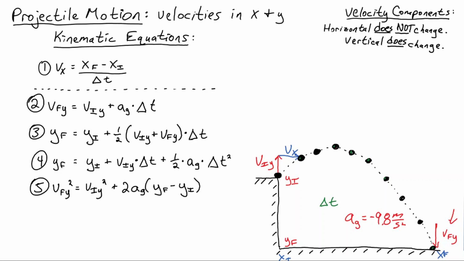What if we want to find out what the maximum height of the ball is? Well, we could simply say that the final velocity in the y direction is equal to 0 to find the maximum height. And hopefully that makes sense to you.